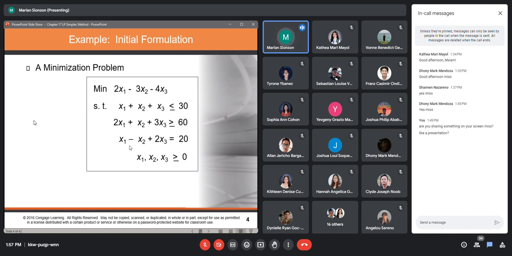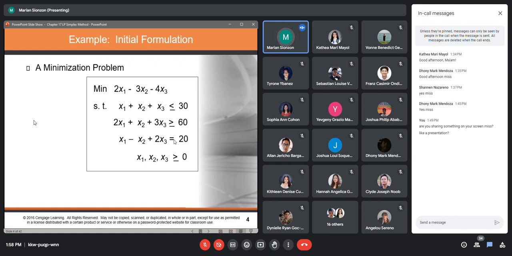And the third one is an equation: x sub 1 minus x sub 2 plus 2x sub 3 is equal to 20, and all your variables must be non-negative. So here you are given an example wherein there are three possible types: the less than, the greater than, and the equation.